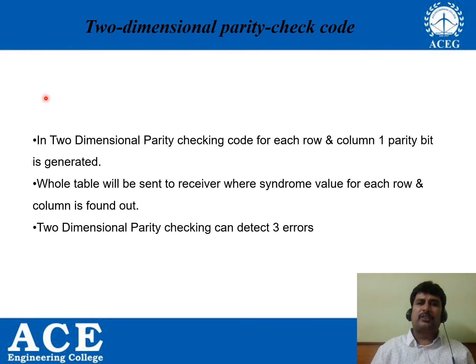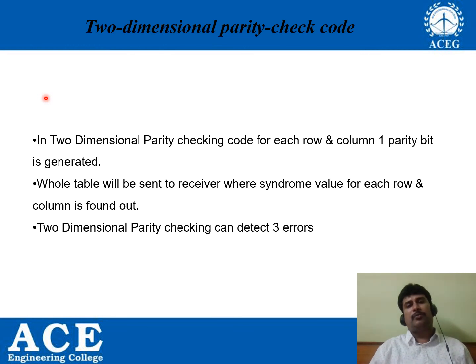Then we tried to understand minimum Hamming distance, and the relation between Hamming distance and minimum Hamming distance with error correction and error detection. For error detection, d minimum equal to s plus 1, where s is the number of bits of error detected. For error correction, d minimum is 2s plus 1.